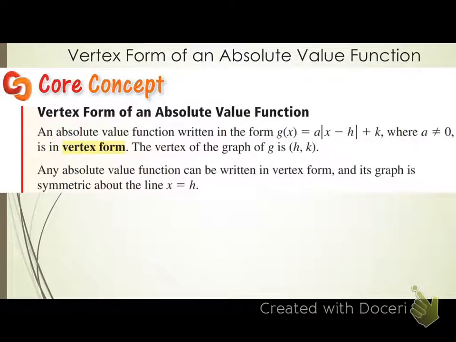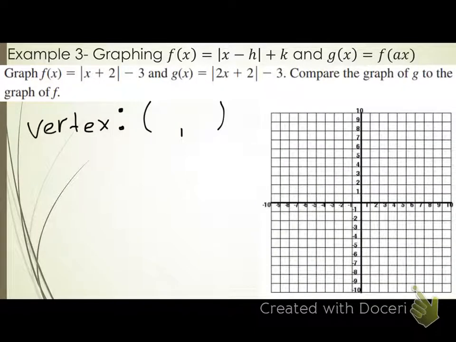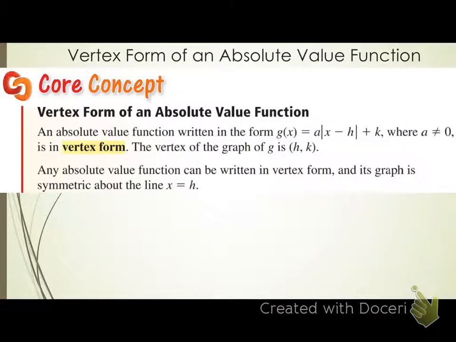Remember, the vertex is h comma k. 2, -3? I agree with -3. -2. It's the opposite of what the sign says, because it's x minus h. So if I plug that -2 in here, that would make it x plus 2, correct?